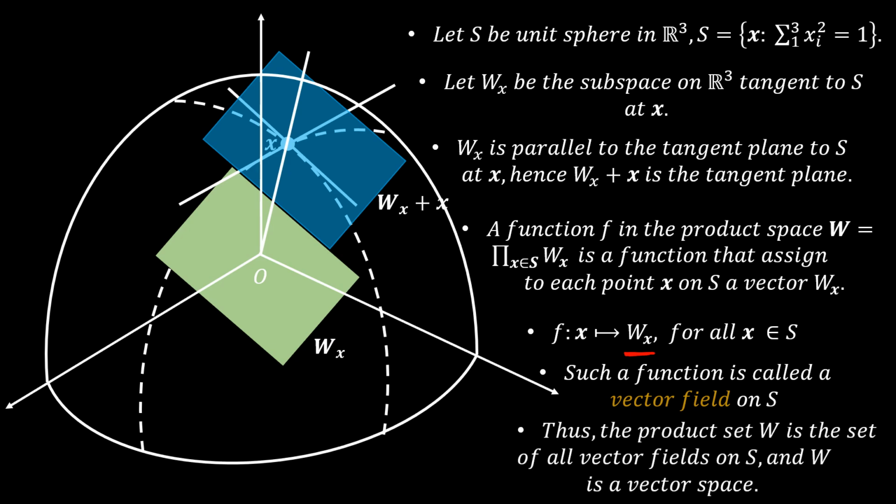So the product set W, or the Cartesian product set W, is the set of all vector fields on S, and W is a vector space, right? W is a vector space. So that's just an example of how we can make use of the Cartesian product.